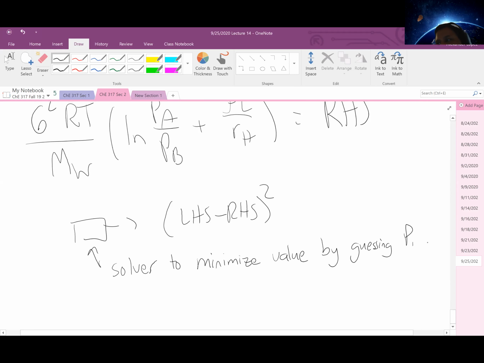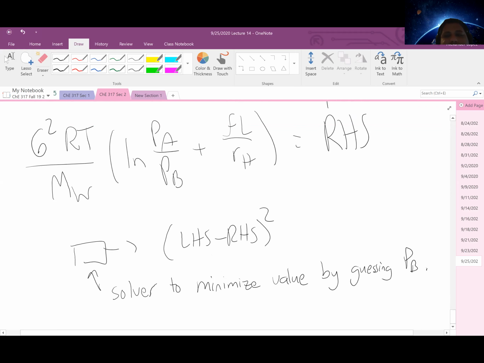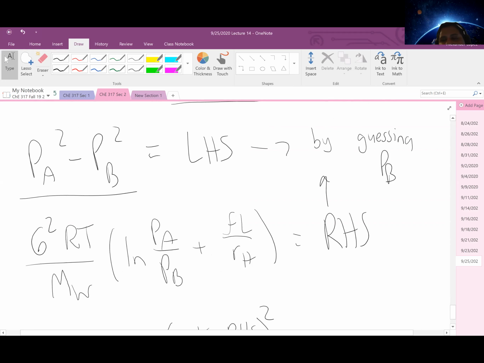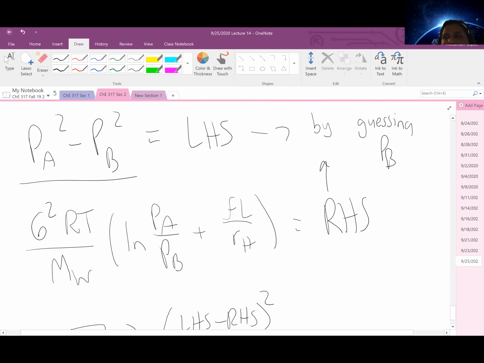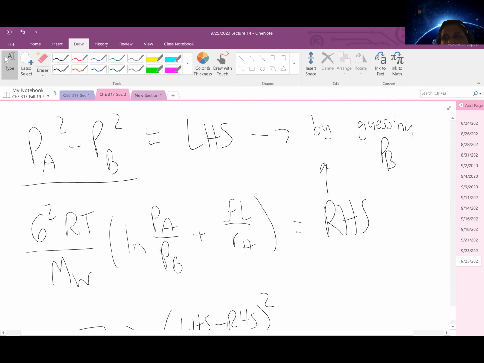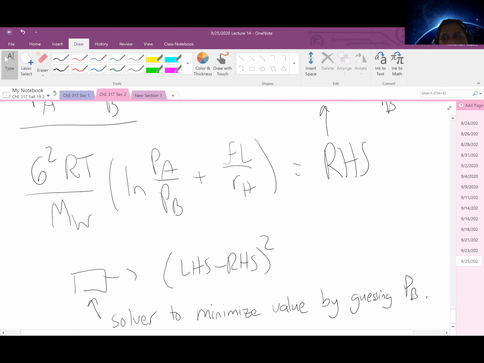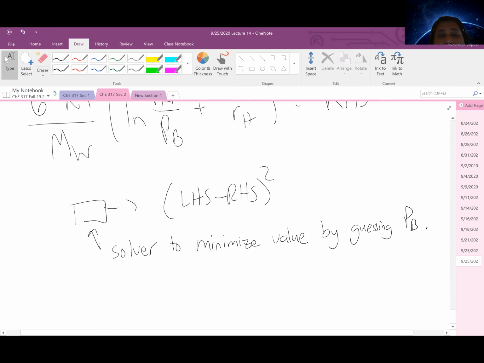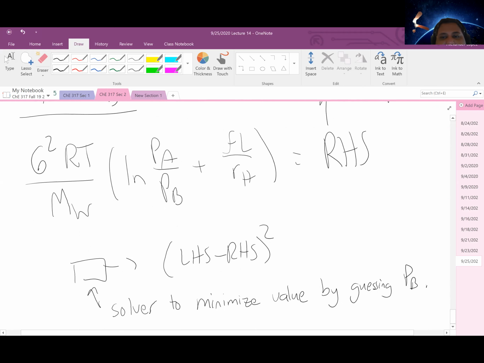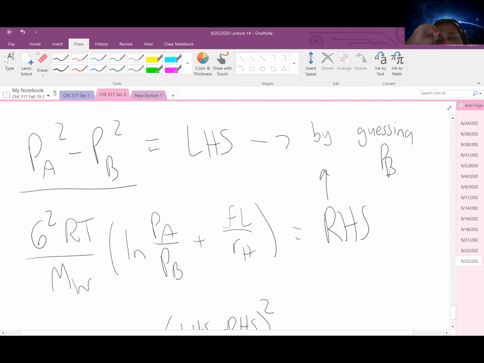And this is called the least squares minimization technique for iterative solutions. It's a really helpful method of doing iterative solutions to hone in on the true solution in a very short amount of time. So that's what I recommend when doing these calculations.